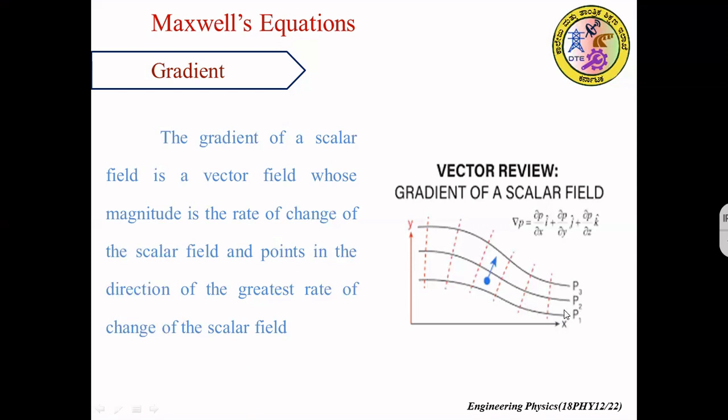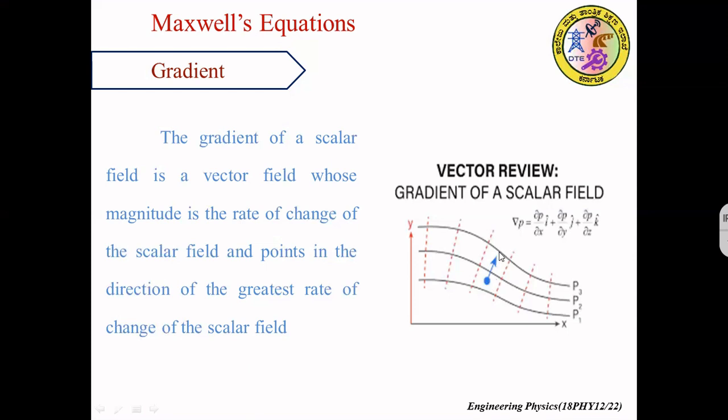So P1 is an isotherm, P2 is an isotherm, P3 is an isotherm. Comparing these three isotherms, the isotherm P1 is at a lower temperature, P2 is at a higher temperature, P3 is at a much higher temperature. So here the temperature is increasing from P1 to P3.